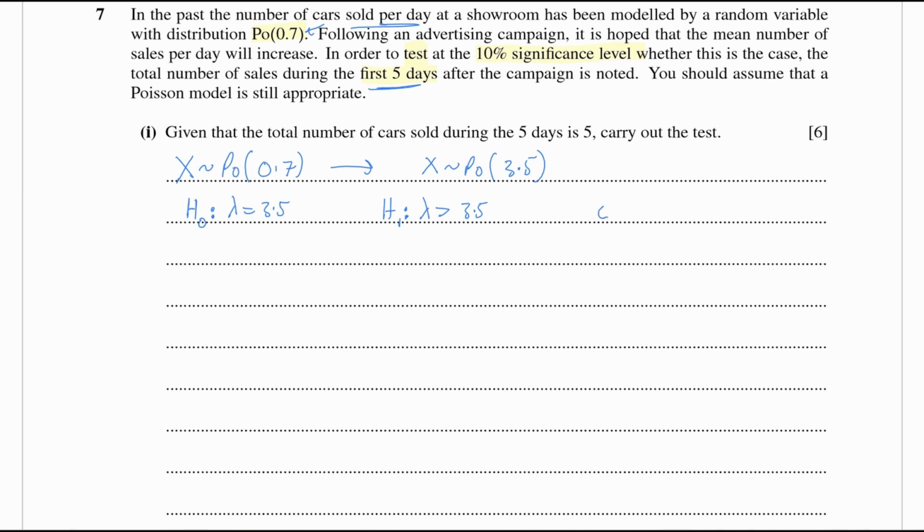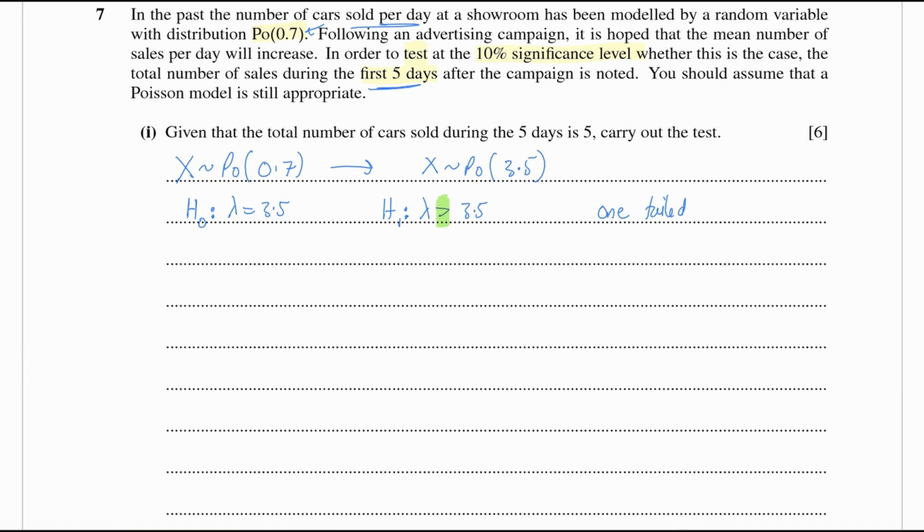And this is obviously a one-tailed test because of this sign here. It's not equal to. It's greater than. So that means that we're cutting off the right-hand side of the distribution.